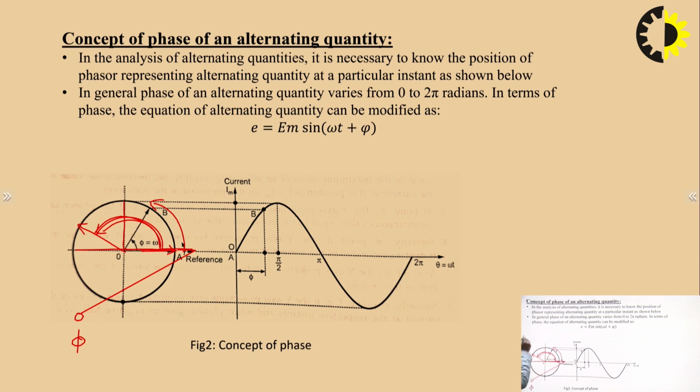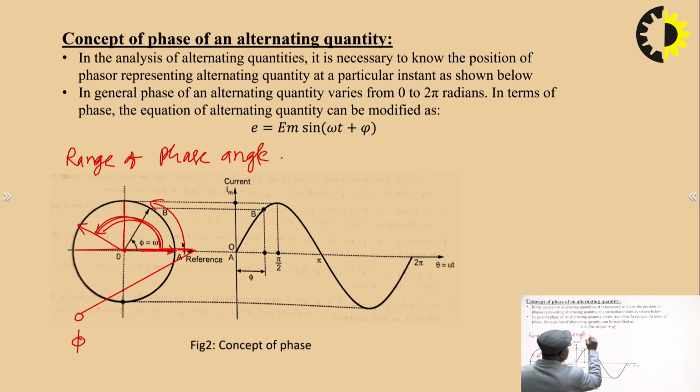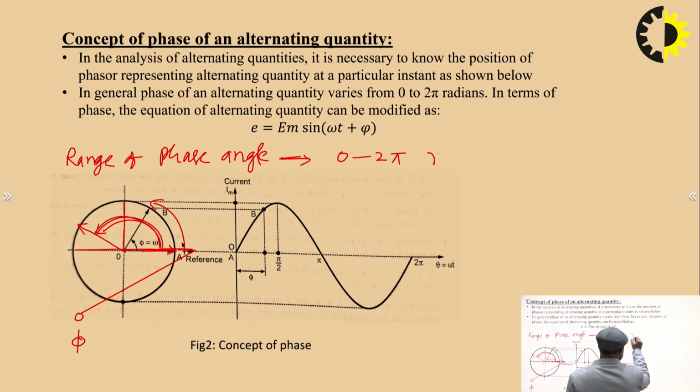Now, what will be the range of the phase angle? We can clearly see that it is between 0 and 2 pi radians. This is the range of the phase angle.